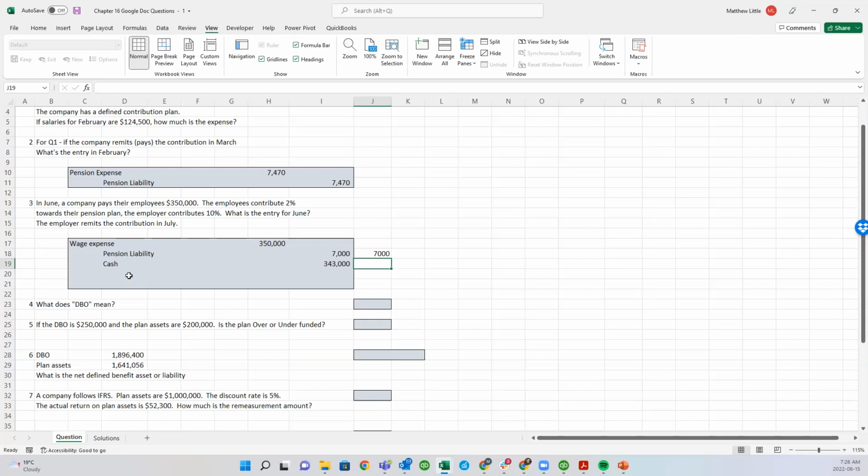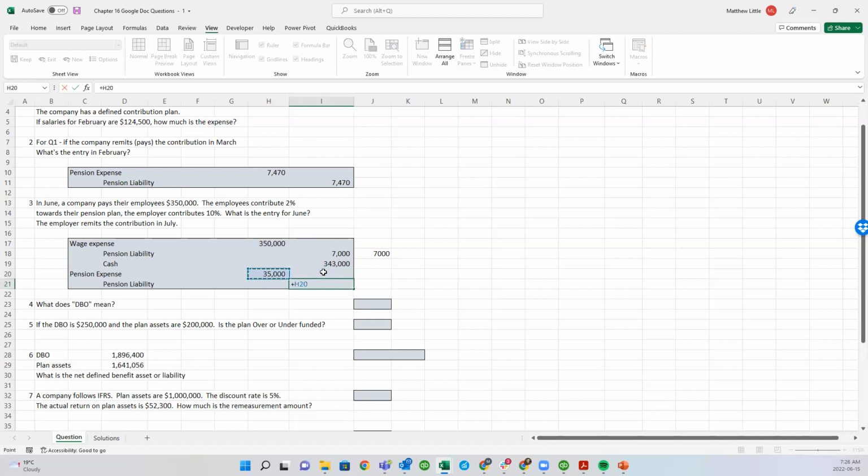Then the employer needs to record their contribution. In this case, we will have a pension expense and pension liability. To determine the pension expense, we take the $350,000 in salaries times the 10% required from the employer.